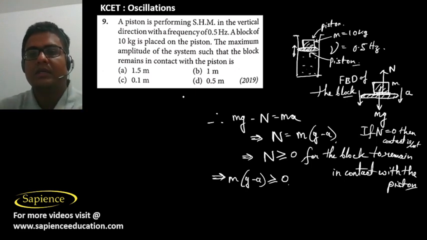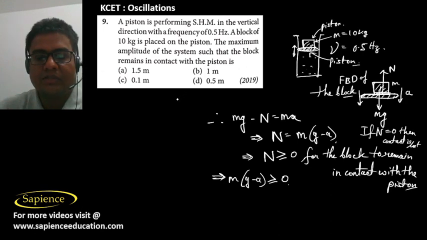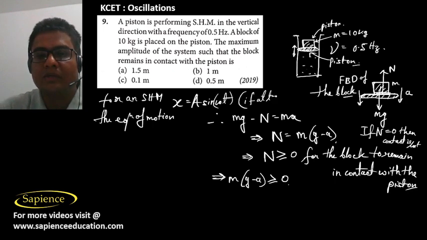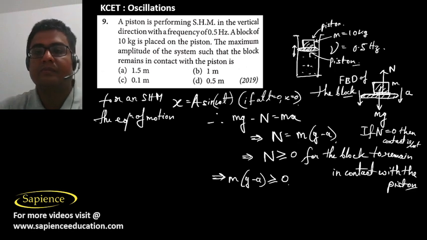Now we know that for any SHM, the equation of motion is given as x equal to a sine omega t, if we assume that at t equal to 0 the piston was in the equilibrium position, so x equal to 0 at t equal to 0.